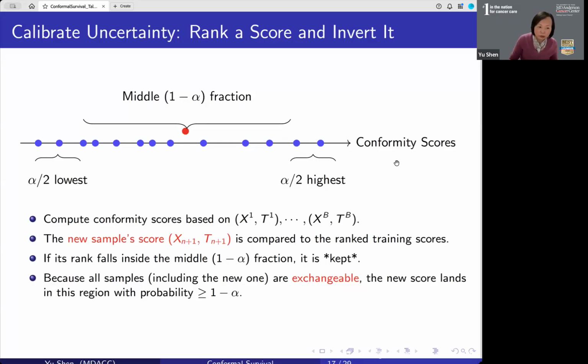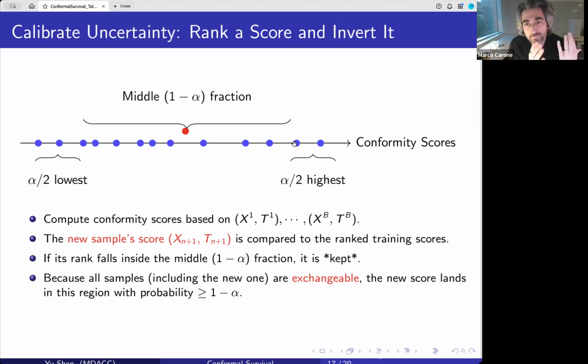If it is far from the truth, then all the conformity scores are spread far apart, and the inverted predictive interval will be wide as well. So in order to maintain the coverage probability at 90%, a bad working model will lead to a wider interval. Does that make sense?